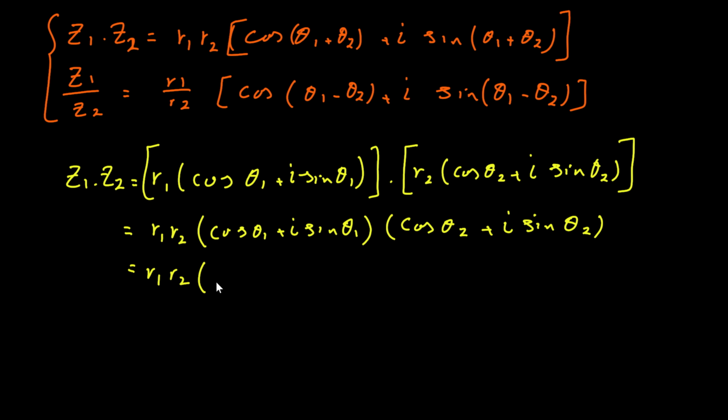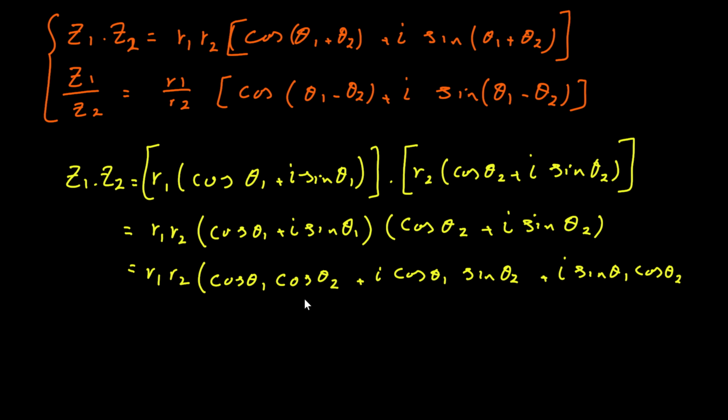So it's going to be cosine of theta 1, cosine of theta 2, plus i cosine of theta 1, sine of theta 2, plus i sine of theta 1, cosine of theta 2, plus i sine of theta 1, i sine of theta 2.